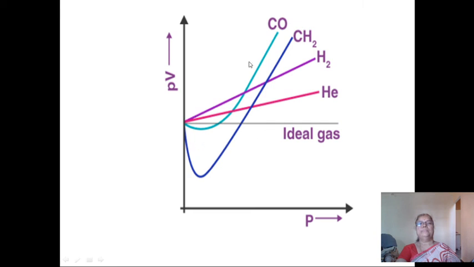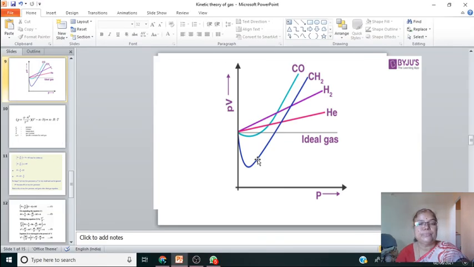Then again, this is the diagram of PV versus P, and it shows the deviation of real gases from Boyle's law. The next point we will see later on.